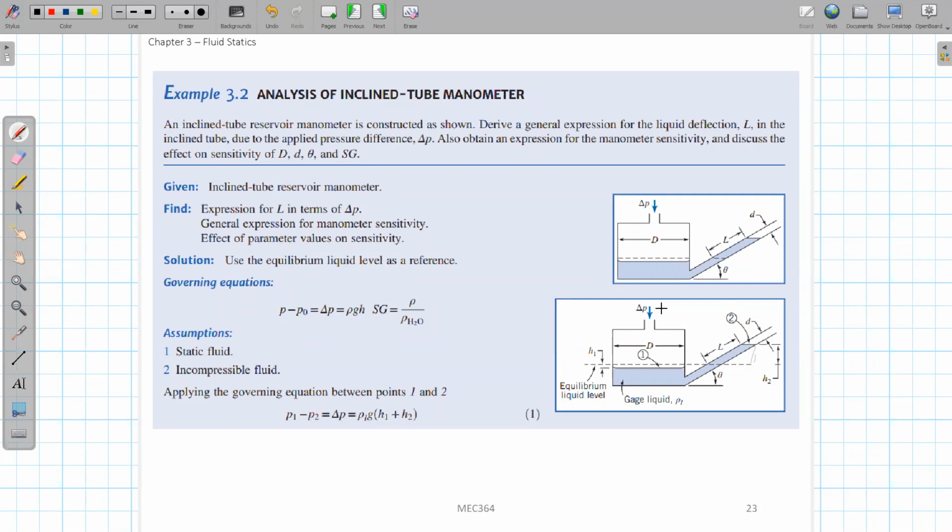What will the pressure be inside the tank? Using the pressure-depth relationship we had before, the pressure difference between the tank and the tube will be equal to rho, the density of this gauge fluid, times gravity, times the elevation difference between the tube and tank.